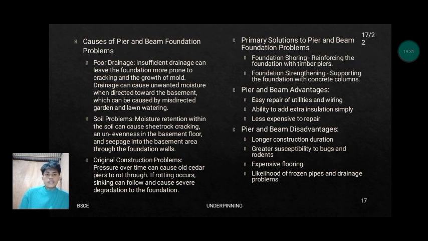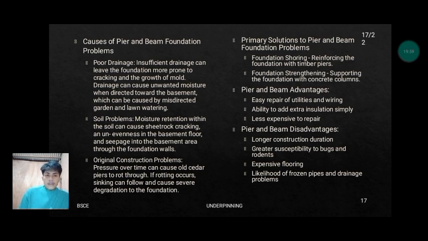Drainage can cause unwanted moisture when directed towards the basement, which can be caused by misdirected garden or floor watering. The next problem is soil. Moisture retention within the soil can cause sheetrock cracking and unevenness in the basement floor, and seepage into the basement area through the foundation.